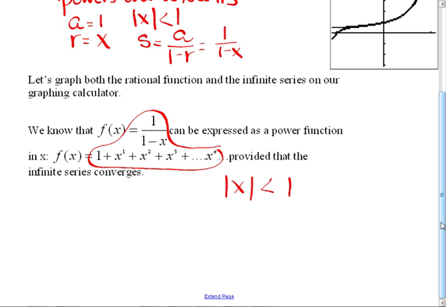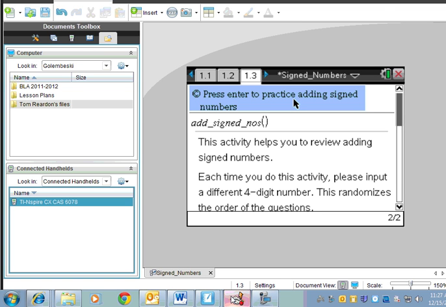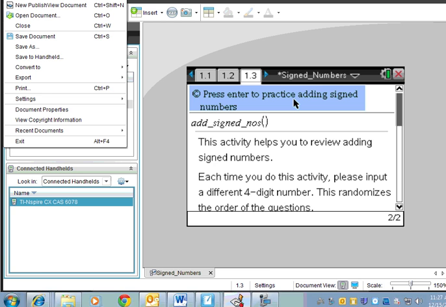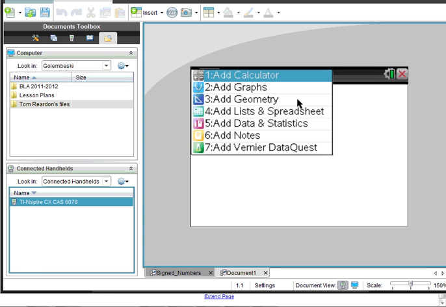Oh, I was going to put it on the Inspire because the picture's better. But let's try it with the Inspire. I have that up. Okay, so I want a new one. File, New. Okay, we're going to do a graph.